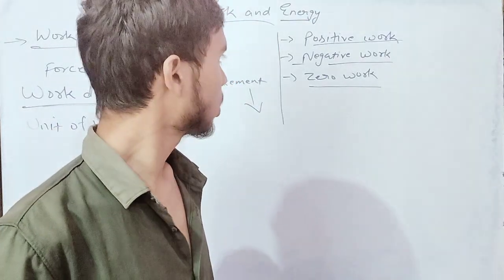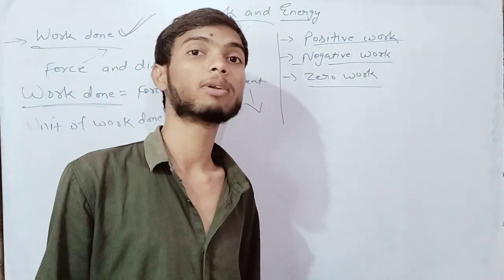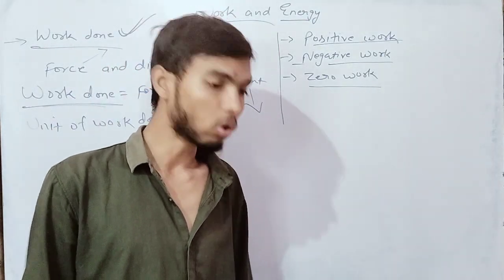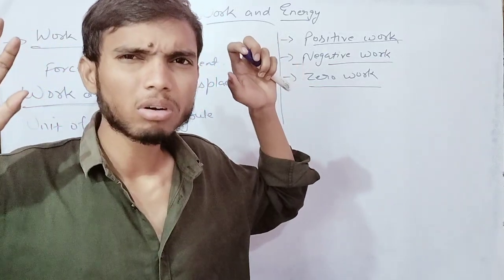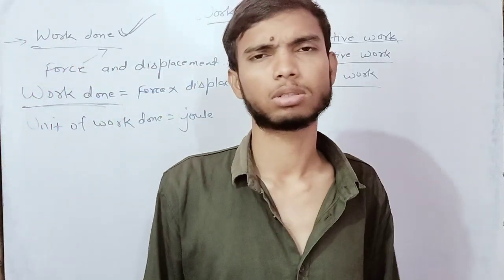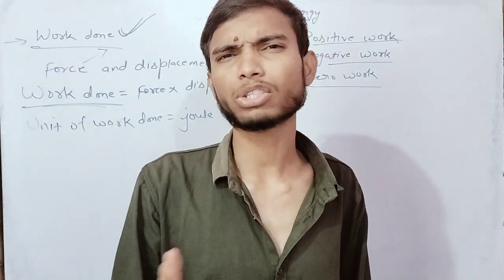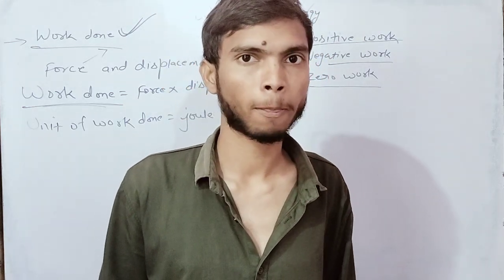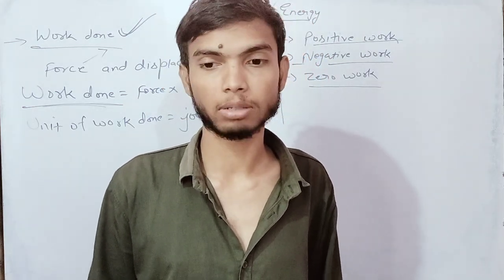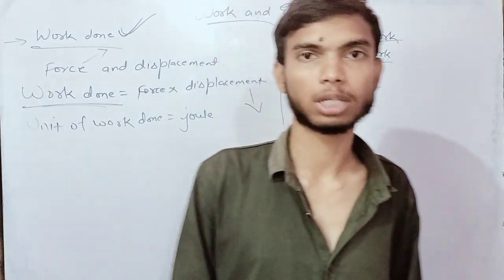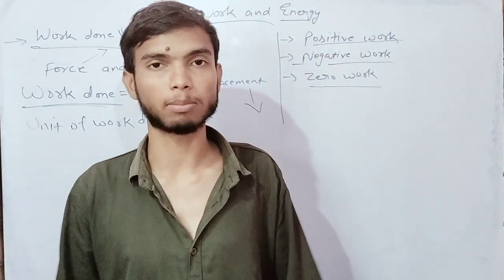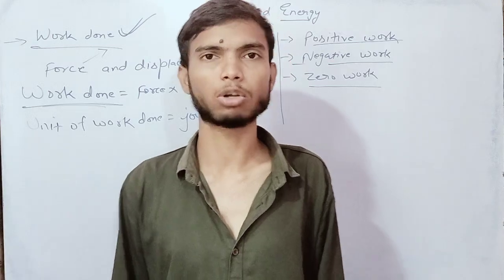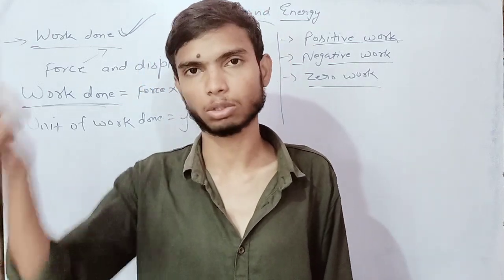Now here, zero work, which means displacement would be zero. We are applying too much force, but there is no displacement. The object is not displacing. The mass of that object can be more, that's why the object is not moving after applying too much force.